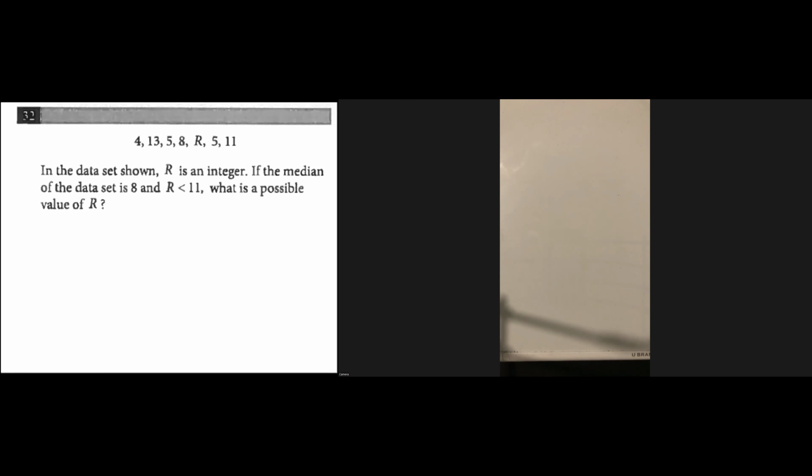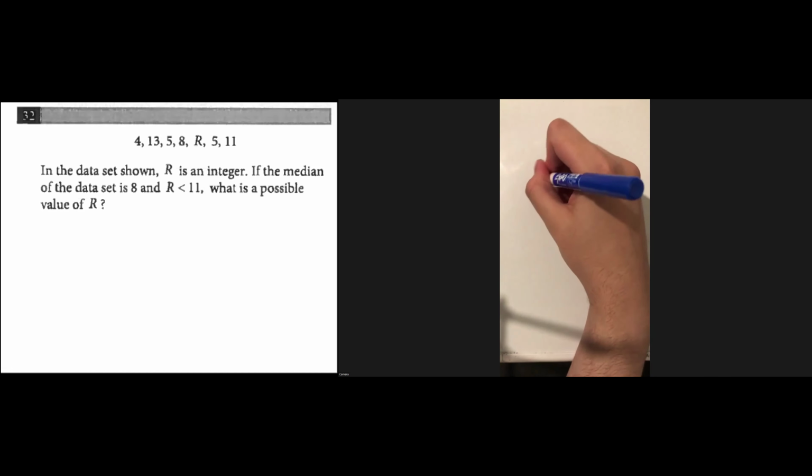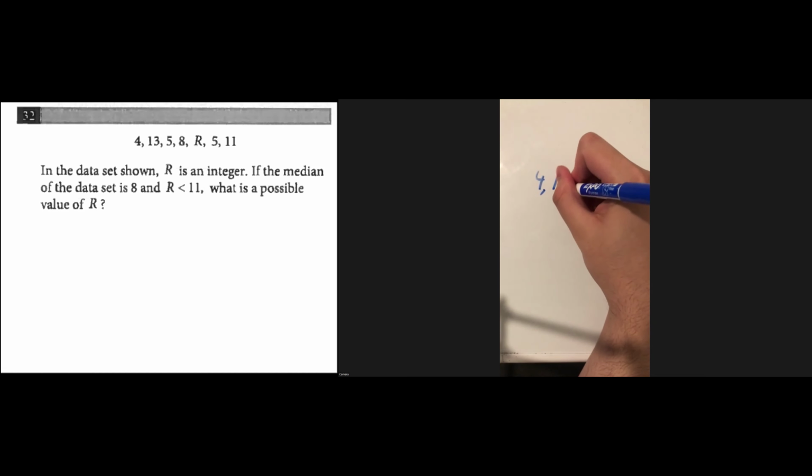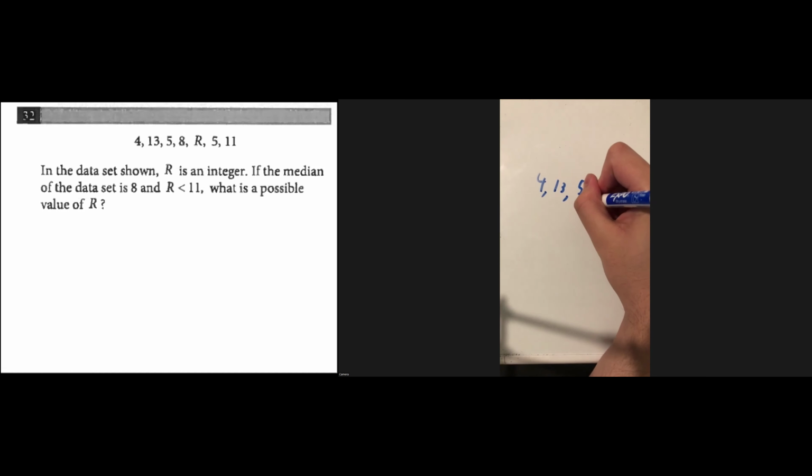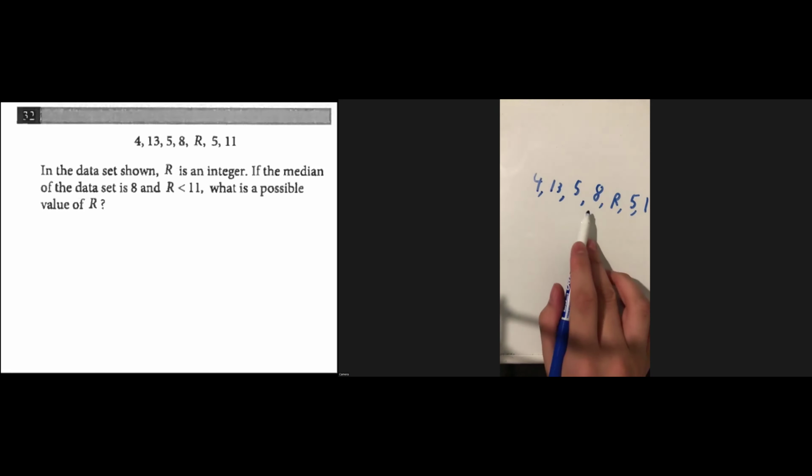Okay, so for question 32, we're told in the data set, R is an integer, so we have 4, 13, 5, 8, R, 5, and 11. And we're told that the median of the data set is 8, so that means there has to be 3 numbers less than 8 and 3 numbers greater than 8.